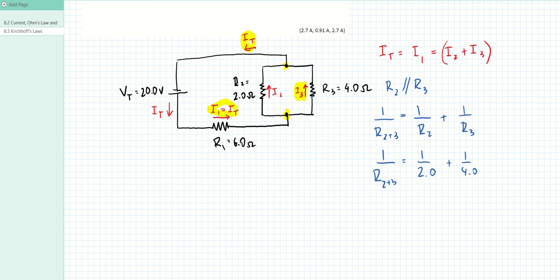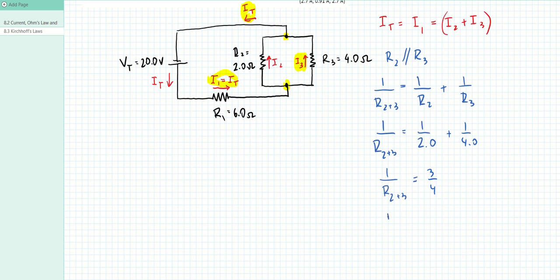Again, use your calculator, use your fraction button. So 1/2 plus a quarter, we get 3/4. So 1 over R2 plus 3 equals 3/4. Now we have to reciprocate both sides, so we get our parallel resistors equal to 4/3, or 1.3 repeating. Okay, so that's going to be our R2 and R3 added together. Because they're in parallel, we have to go through the reciprocal there.